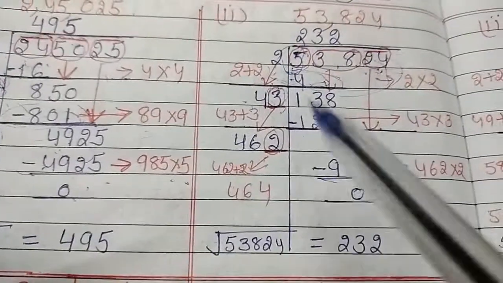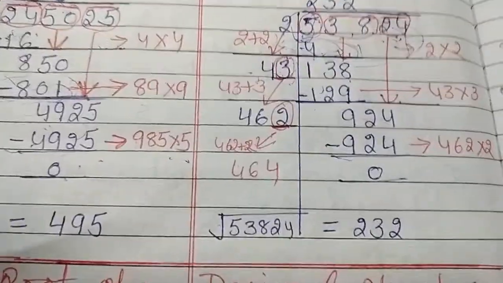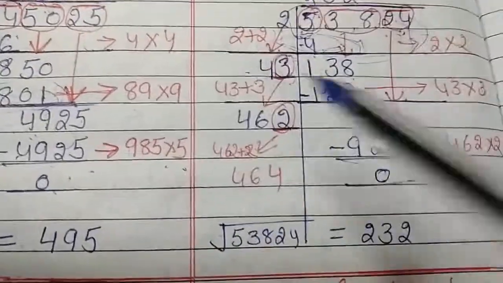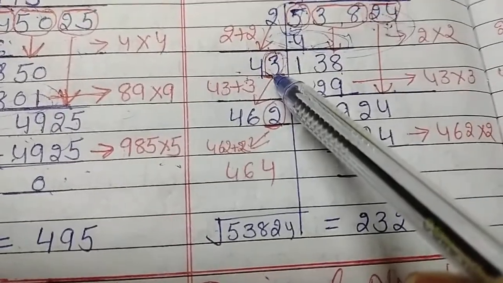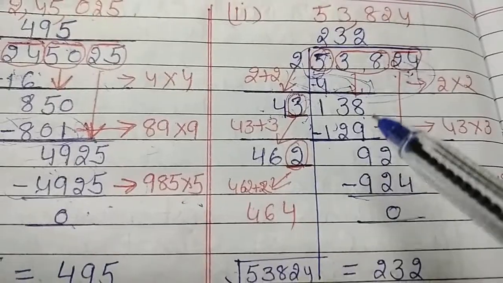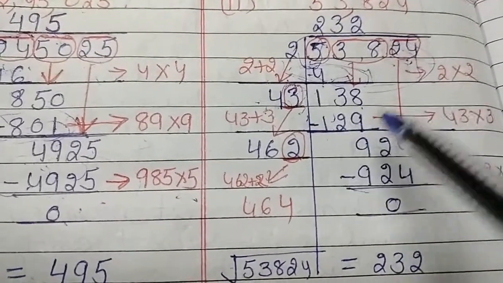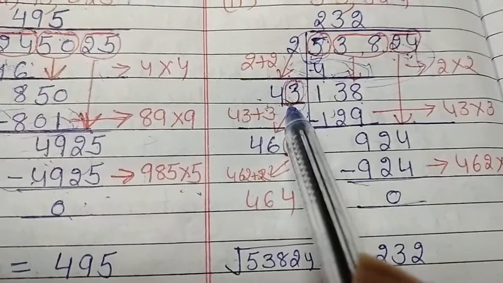Now after subtraction we get 1, 38, and the next pair should be carried downward. Suppose first I consider 4 here, but when you multiply 44 into 4, you get a number greater than 138. The number should be less than 138. So I got the number 3 by the hit and trial method.